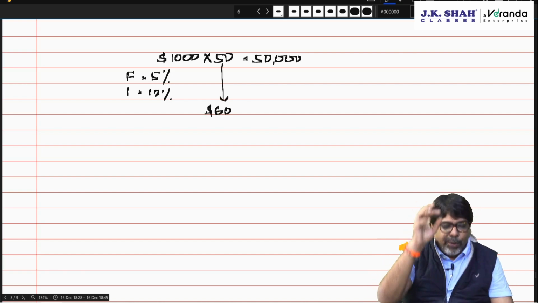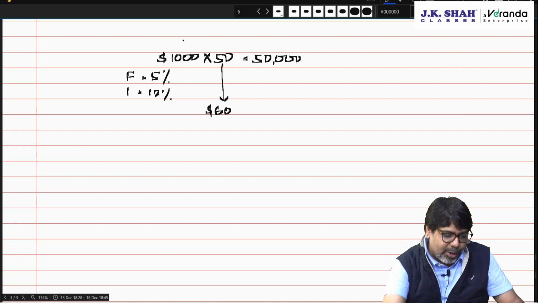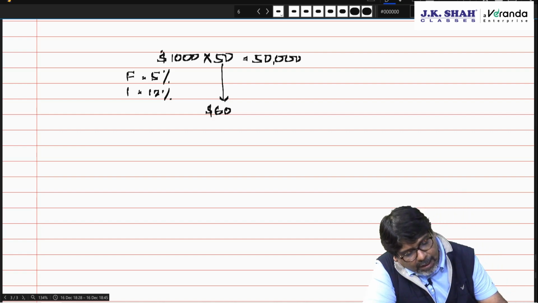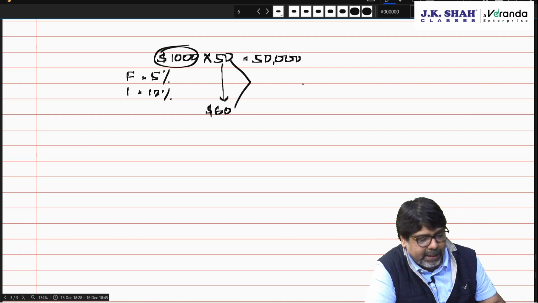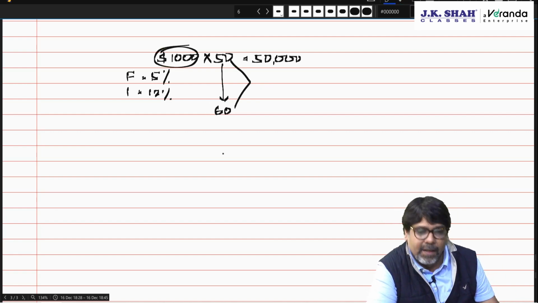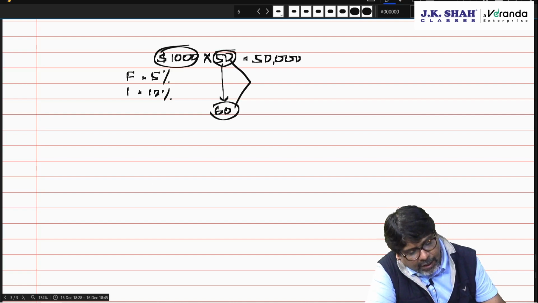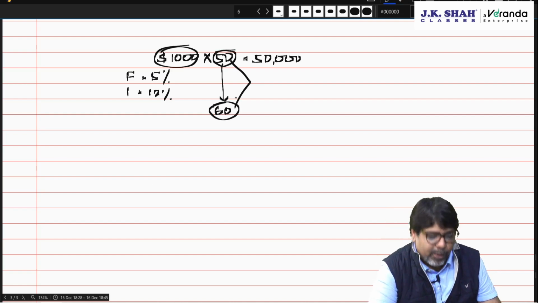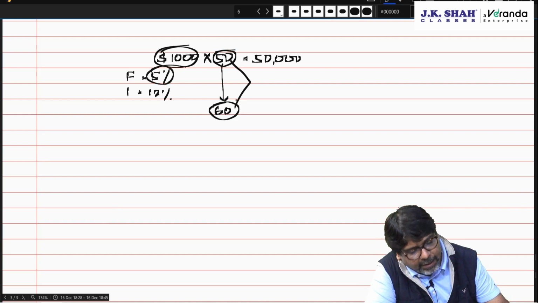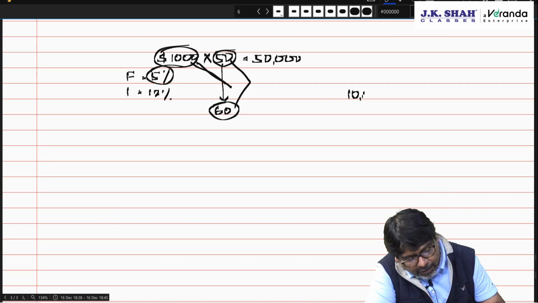You are a person who has taken the loan and I am the standard. So, you told me, Dipesh, for $1,000, 10 rupees per dollar is my loss because of dollar fluctuation, exchange rate difference. When I got the loan, it was 50,000, but at the end of the year, it is 60,000. If I repay the loan, I don't have to repay only the interest, but I have to repay this 10 per dollar extra, that is 10,000 rupees extra.